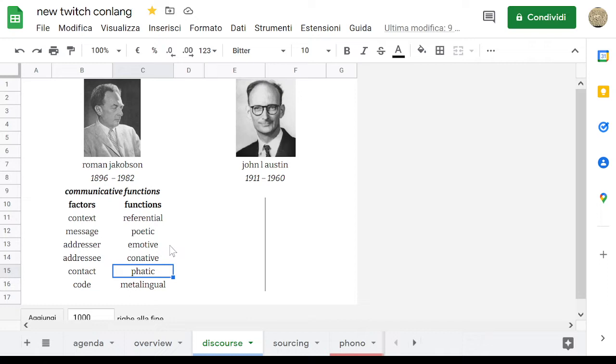Then we have the phatic function, and the phatic function is about the contact, how you are communicating with each other, and even just the fact that you're communicating with each other. So things like trying to establish that you are having a conversation in the first place. Like, say you are on the phone with someone, before they answer the phone, you might say hello.